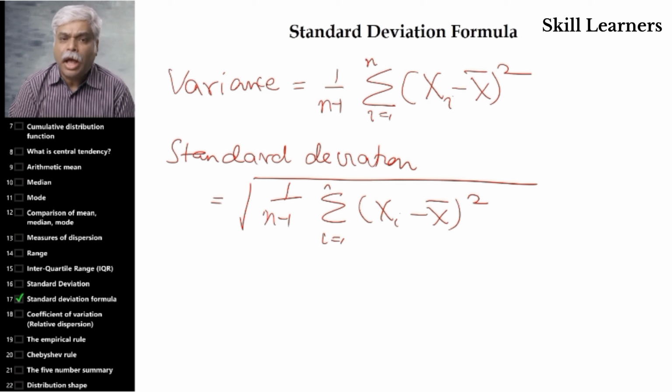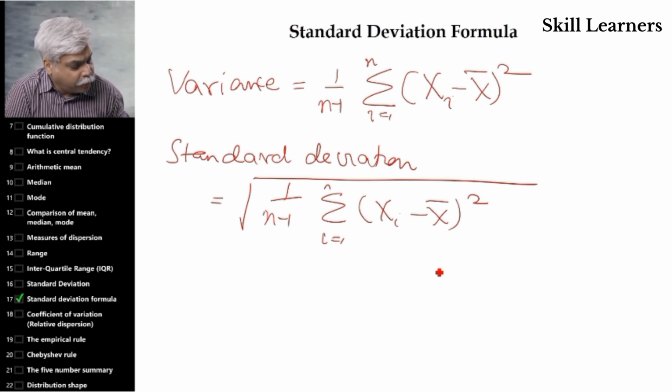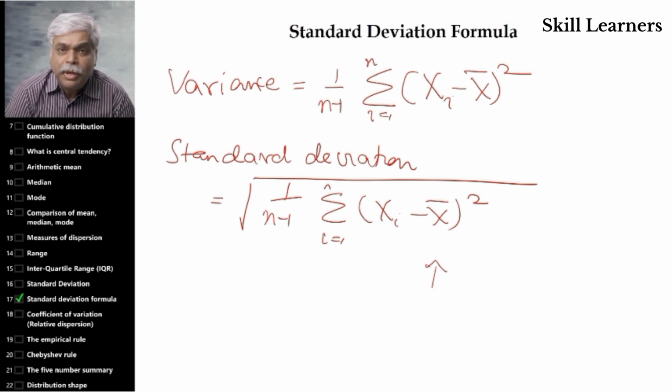A question is often asked at this stage as to why we divide by n minus 1 and not by n. The reason for this will become a little clearer further along in the program. But for now, it suffices to say that the n minus 1 comes because the central value, the x bar, is an estimate of the unknown middle of the data.